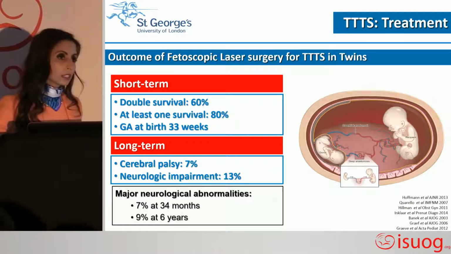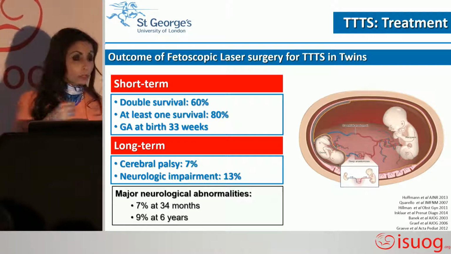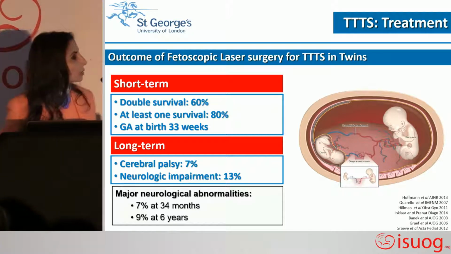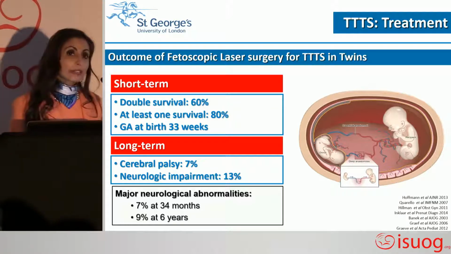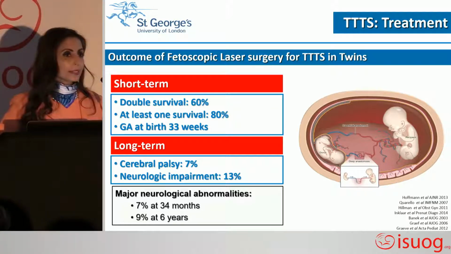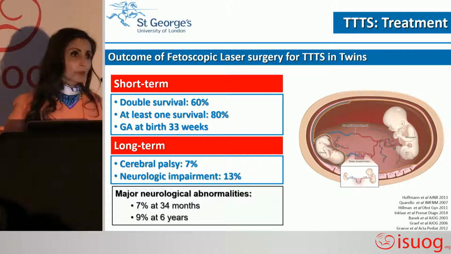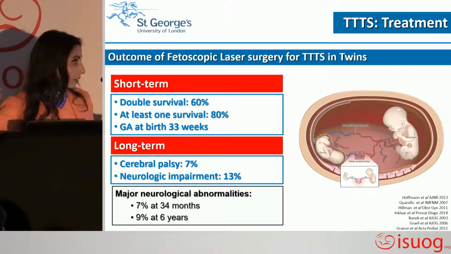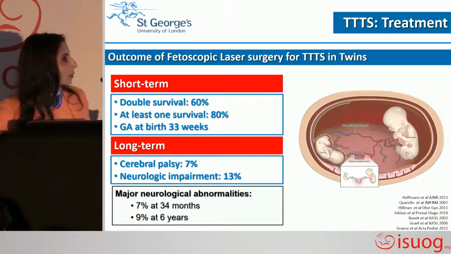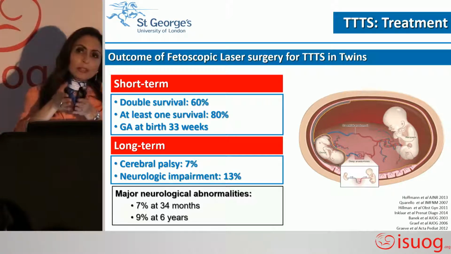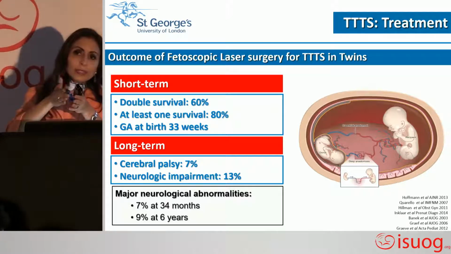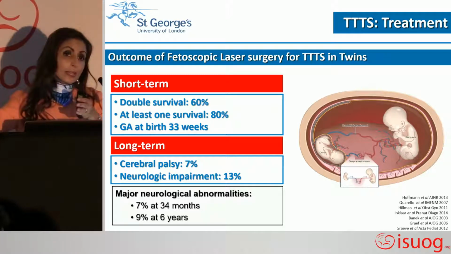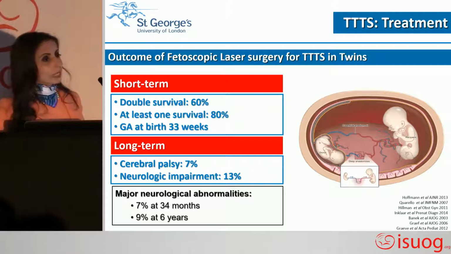What about the long term? We really need to discuss with the parents the risk of neurodevelopmental problems. The risk of cerebral palsy is about 7%, neurological impairment about 13%. If you quote 10%, you're probably right. The study done by the German group, the Kurt Hecker group, looked at these babies at the age of 34 months, and they repeated the neurological assessment in the same cohort at the age of 6 years.